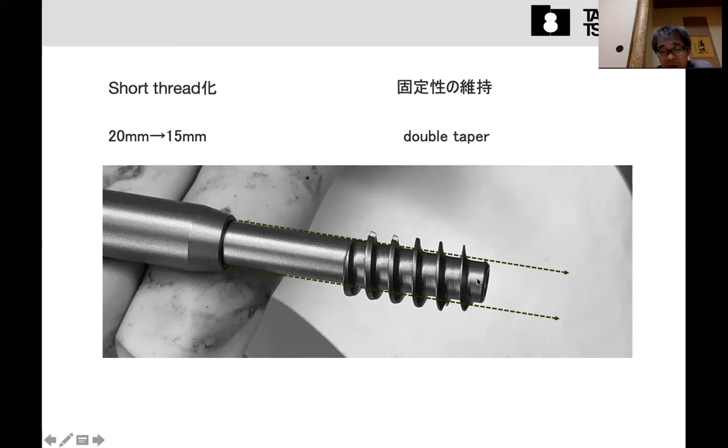The stem can also act as a blade, so it compresses the bone around the screw. So the thread and the shape of the screw can improve the fixation even with a very short thread.